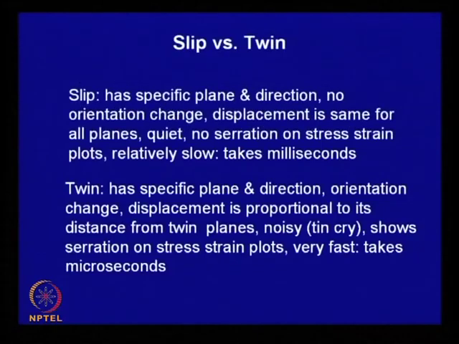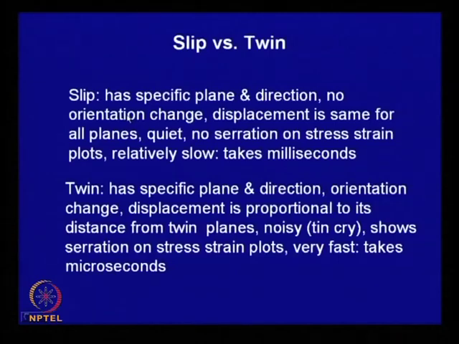Now, a quick look at the similarity and the difference between these 2 modes of deformation, slip and twin. Slip is a relatively gradual process, and it takes place on specific planes and directions. Twin also takes place on a specific plane along a specific direction. Here in slip there is no change in orientation.